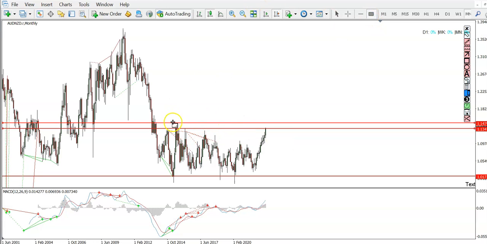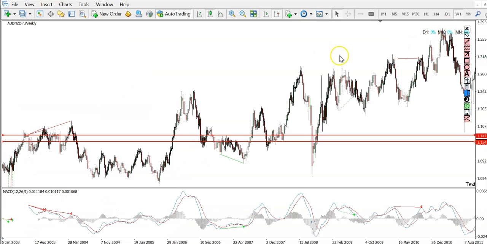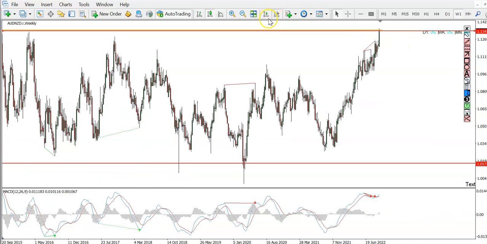We could more or less say this here is the sell zone, starting at 113,500.